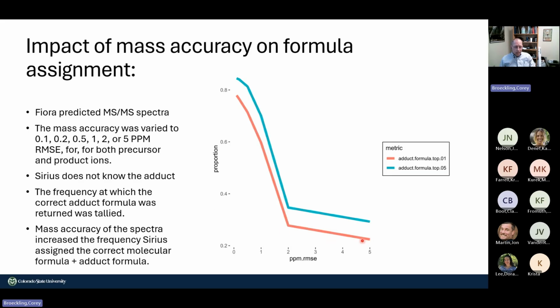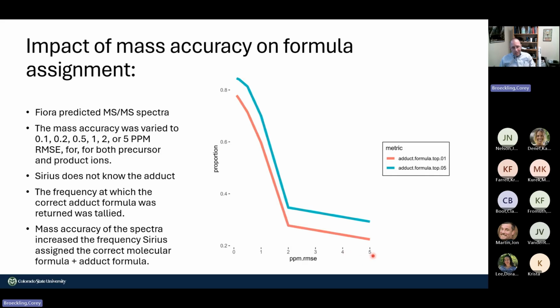As our mass error goes down, you can see on this pink line that the proportion of correct answers goes up. At about 0.5 ppm, about 75% of the time it returns the right answer for the correct molecular formula. And if we consider the right answer being in the top 5, we're up to about 85%.